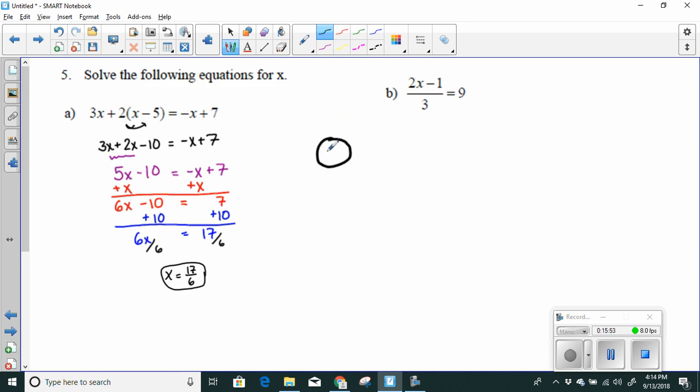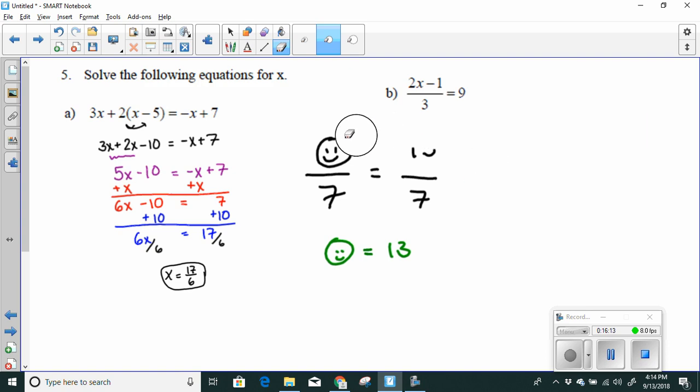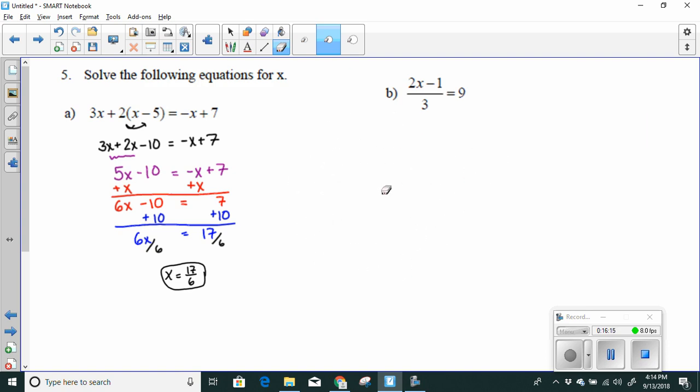If something divided by 7 equals 13 divided by 7, you'd tell me that something must equal 13, right? These two must be the same if the denominators are the same.